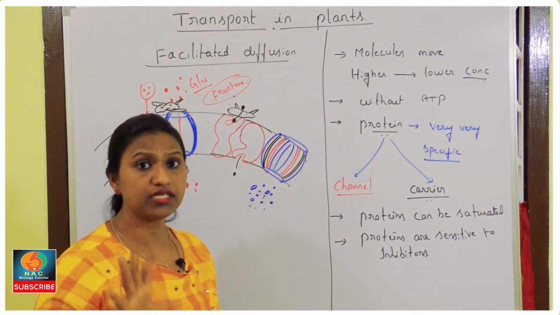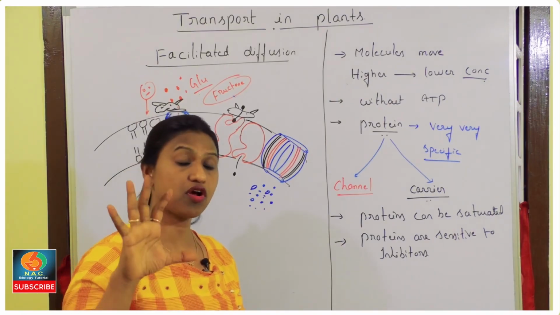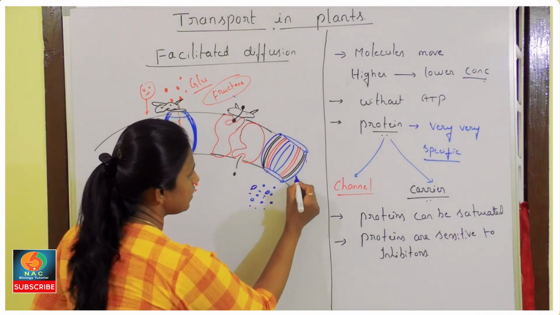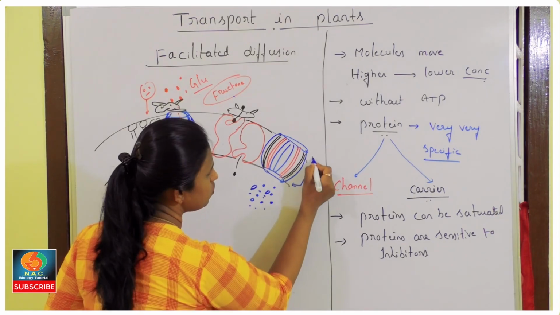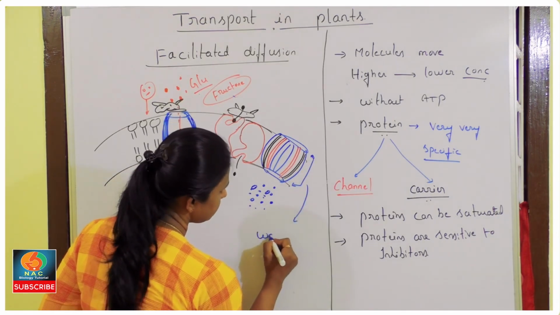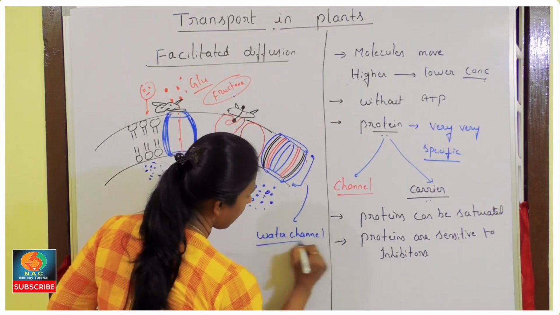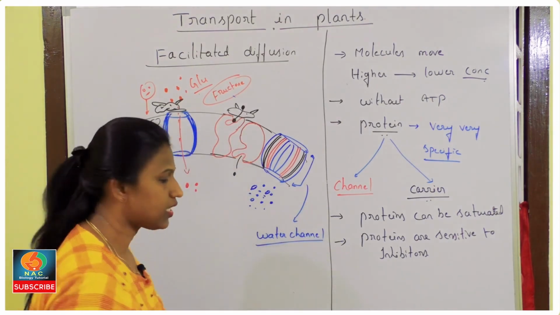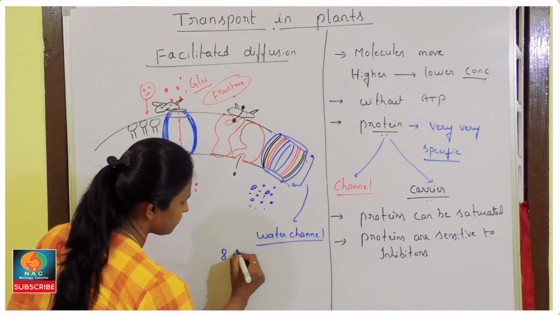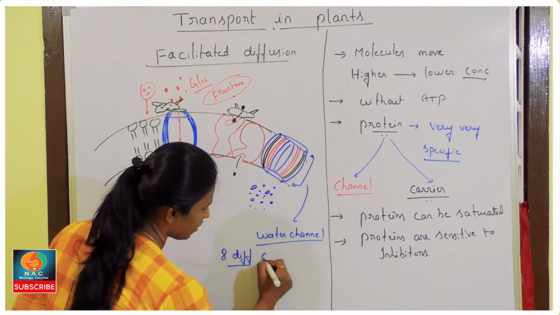There are 8 aquaporins present, which are of different types. This entire molecule is nothing but the water channel, and it is made up of 8 different aquaporins.